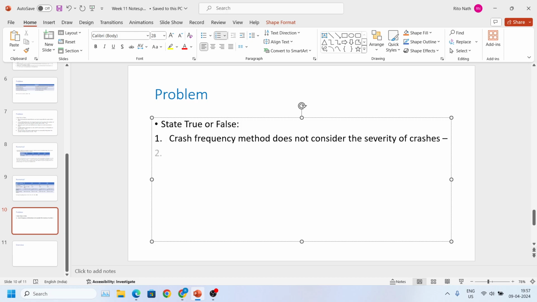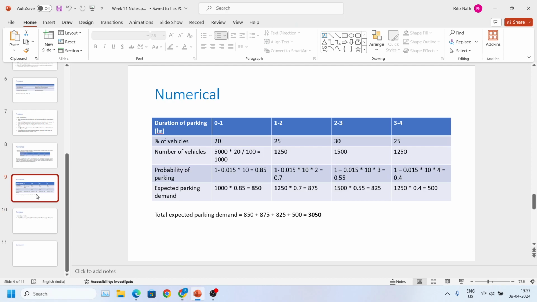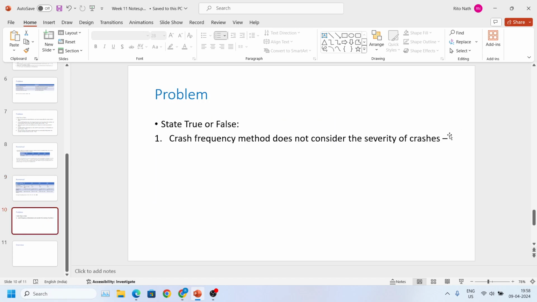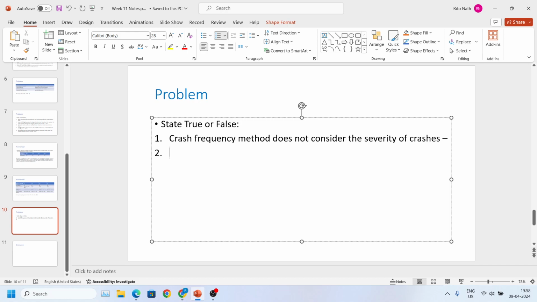Next one, yes. Okay, is it fine? Let's move to the next one. The next one is: as per the MORTH report, most crashes in India occur due to red light violations.